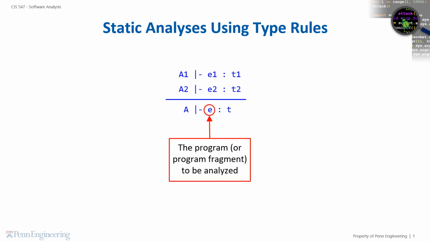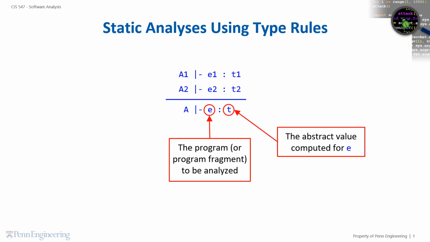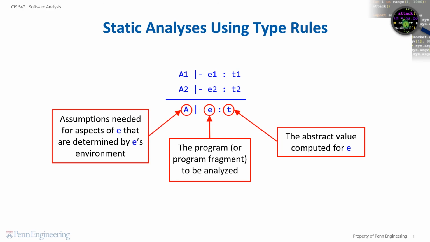We will use E to represent the program or program fragment to be analyzed. T will represent an abstract value which need not necessarily be a type, computed for the program E. Instead of mapping variables to types, the environment A may now describe assumptions needed for aspects of E that are determined by the rest of the program.